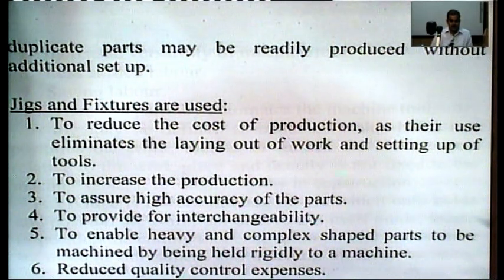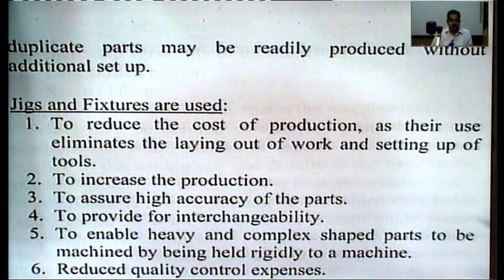Third, it helps to assure high accuracy of the part, because a worker does not set the tool and workpiece again and again. Some partial automatic operations are there when we use these jigs and fixtures. So, this assures high accuracy of parts.